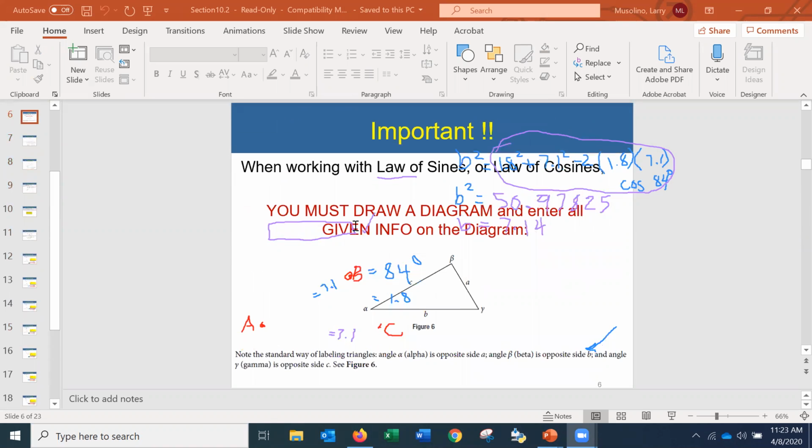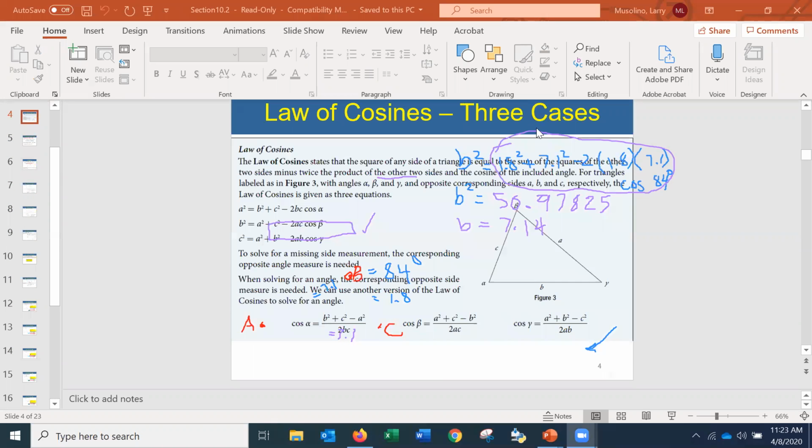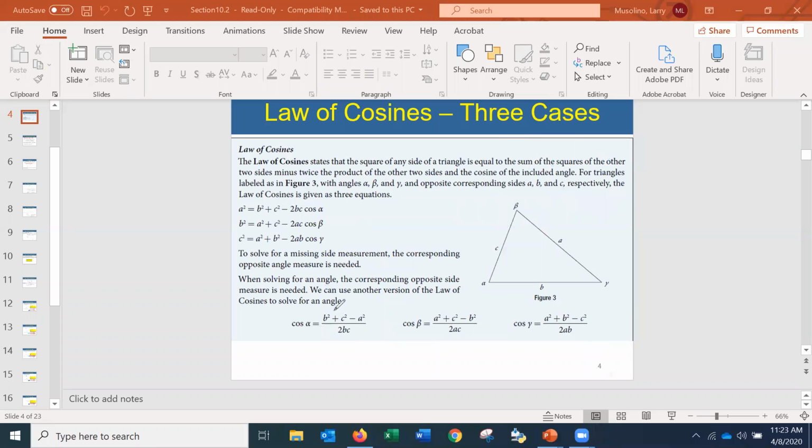So if I go to slide 4 again, I can use these, I guess I'll clear the screen here. I could use this formula on the bottom to figure out cosine A, because now I know all 3 sides of the triangle. That means I really know all 3 values for lowercase a, b, and c to plug in on the right-hand side. But I also have another option.